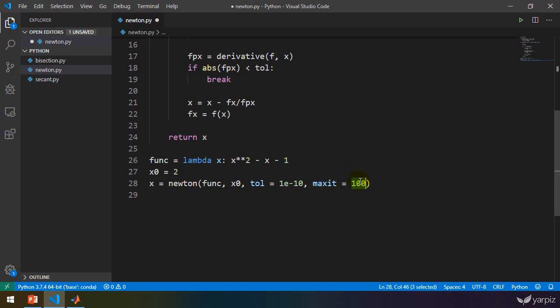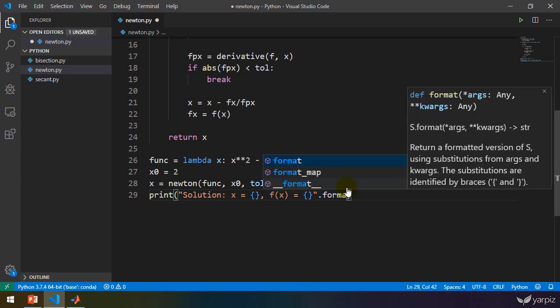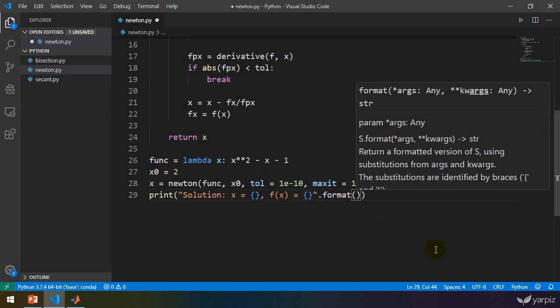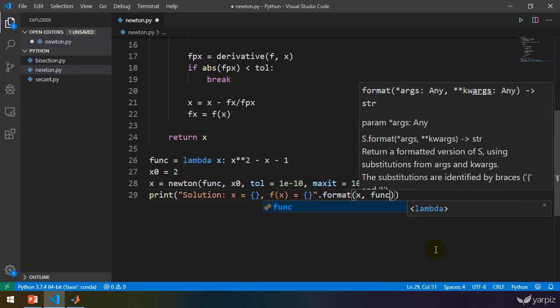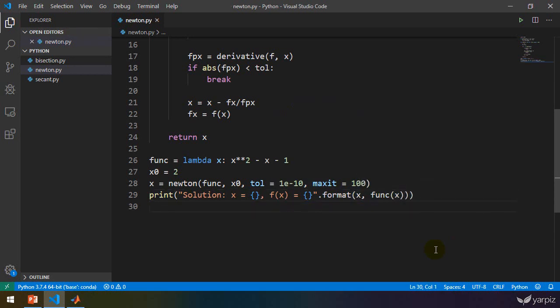I'm writing these to make it possible to change them. And also, let's print out the solutions: solution is given by this, x equals this, and f of x equals this, dot format, with x here and func of x here, and that's it.